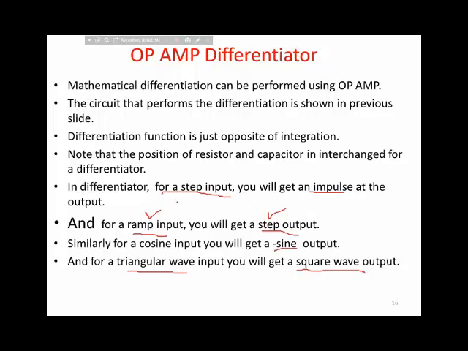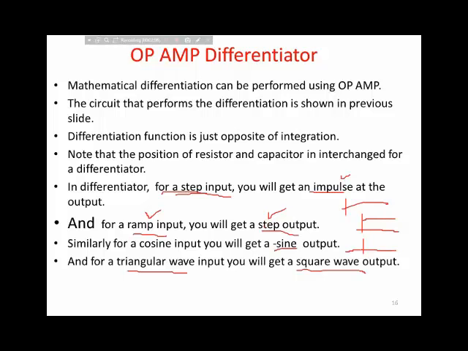As you have seen, for a step input to an integrator, you get a ramp at the output of the integrator. But if you apply a step input to a differentiator, you will get an impulse at the output. So for a step input, you will get an impulse at the output.